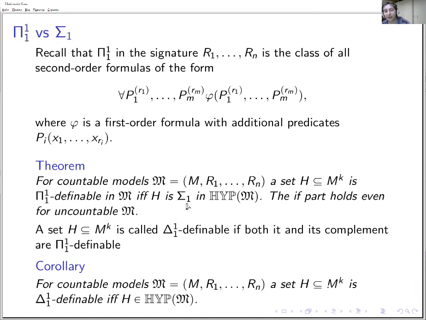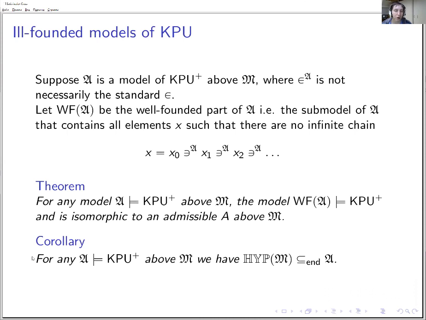So if a set is sigma 1 in heap of M, let's show that it's pi1 definable in M. Basically, the point here is that we could use this corollary about arbitrary models of Kp plus.